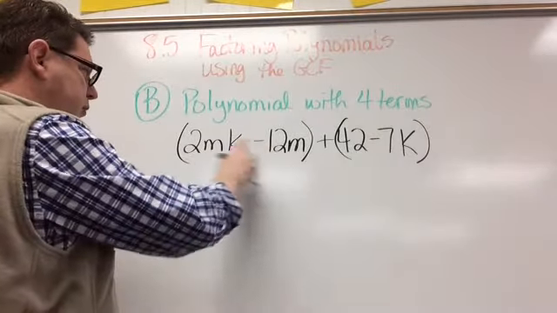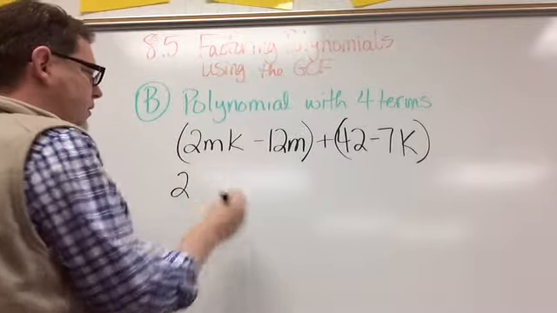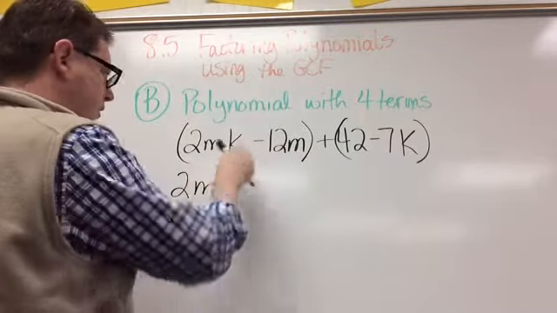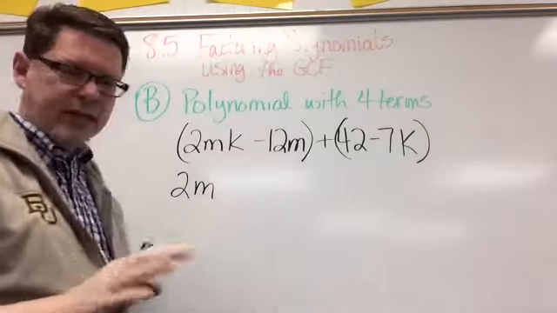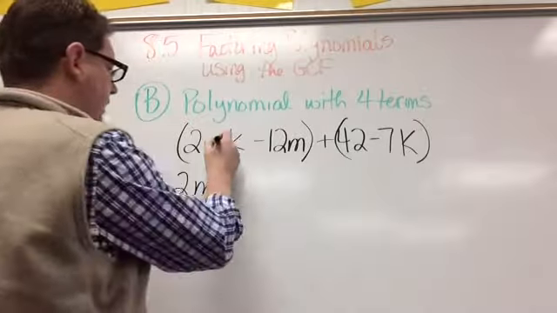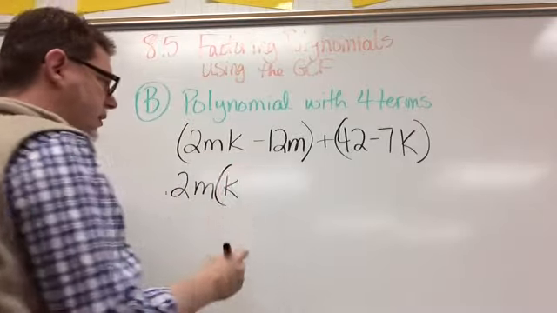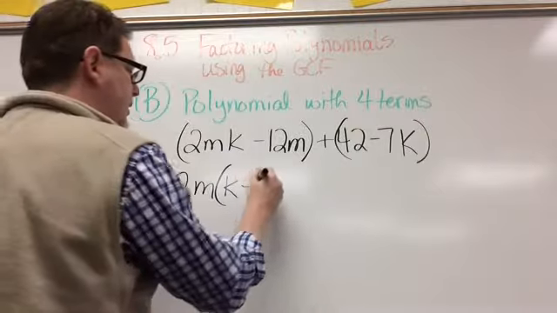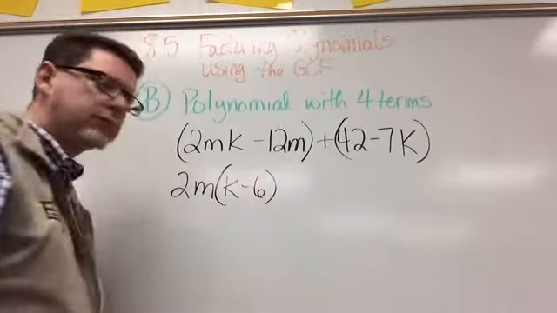The greatest common factor between 12 and 2 is 2. The greatest common factor between m and m is m. And there's not one for k because not both of them have k's. So we know our greatest common factor is 2m. So 2mk divided by 2m is just k, and negative 12m divided by 2m is minus 6.